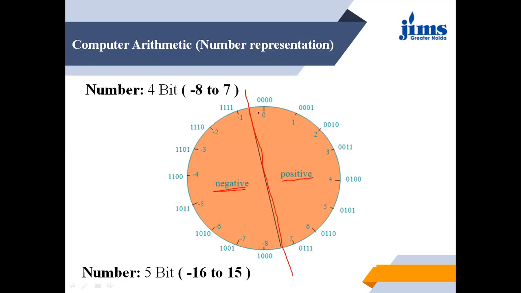As I told you, the first bit is used for the sign. You can see in all these numbers the first bit is 0, which means all these numbers contain first bit 0. When the first bit indicates a negative number, that represents a negative number.